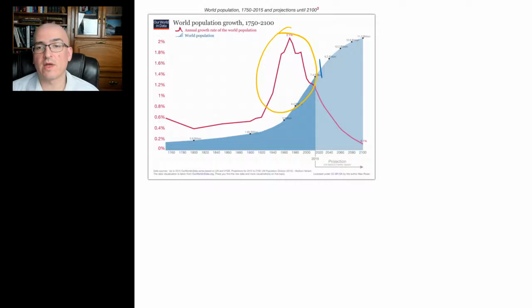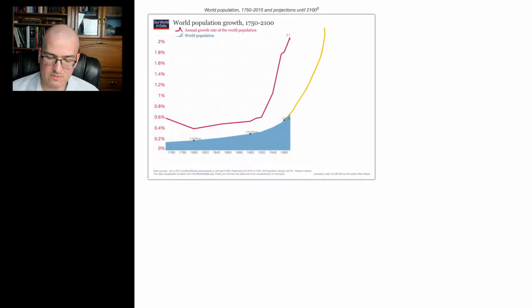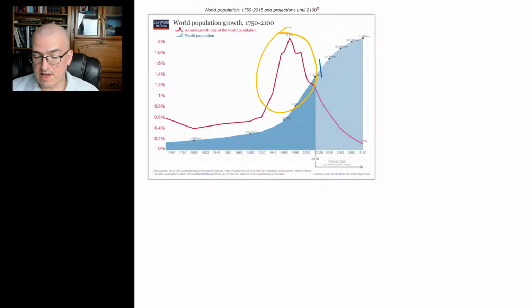You can think of it that way. We have that data, and it supports the idea that our population is not going to do this exponential explosion that people were worried about. It has inflected. It's reached an inflection point, and the growth will slow.